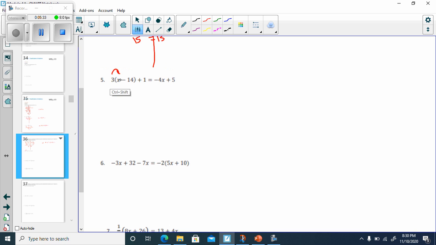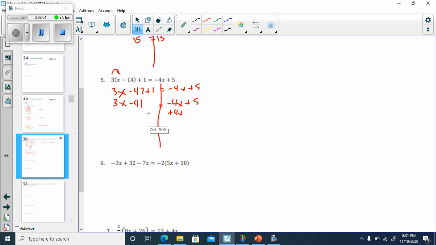What if we distribute this? I've got 3x minus 42 plus 1 is equal to negative 4x plus 5. The coefficients in front of the variables are different, so it should have just one answer. So let's say 3x, negative 42 plus 1 is negative 41, is equal to negative 4x plus 5. Let's put the variables on this side and the numbers on that one.